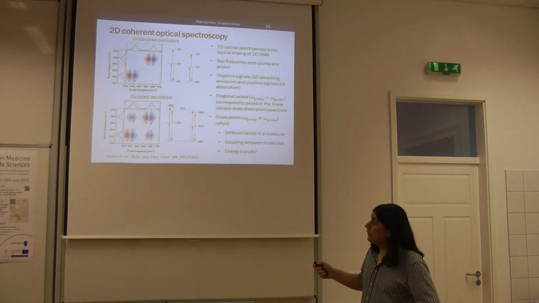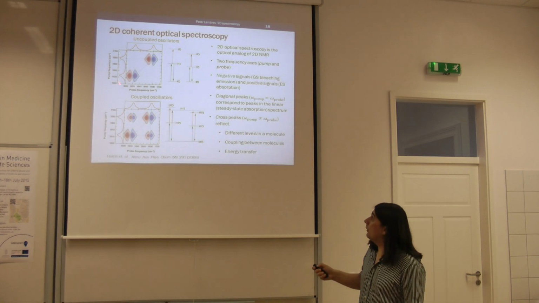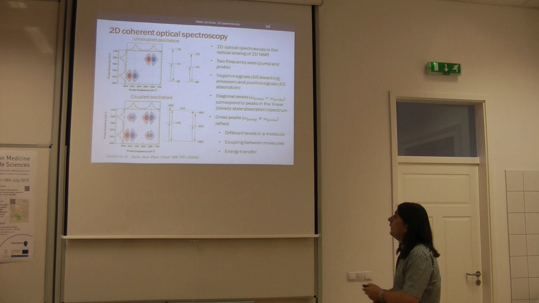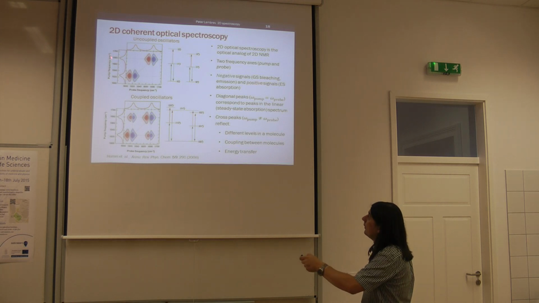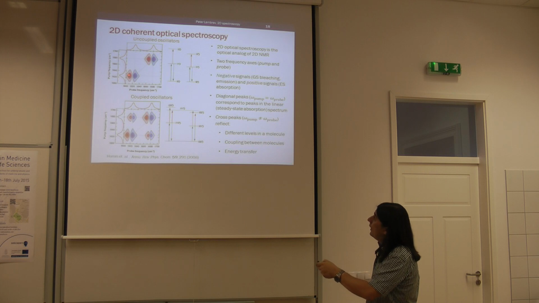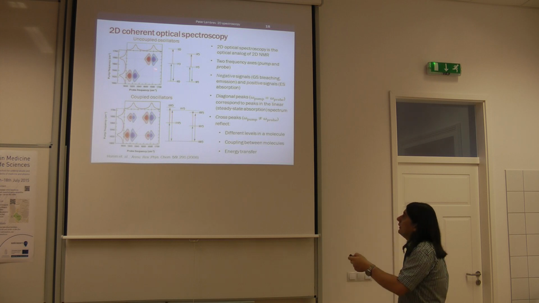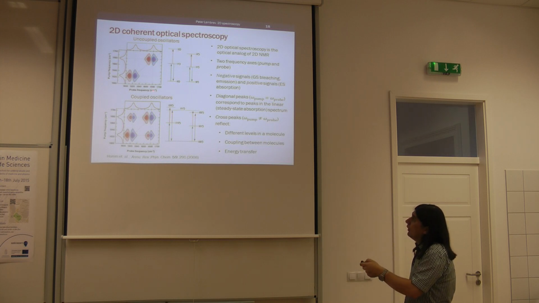One corresponds to the pump, and the other corresponds to the probe. So it's basically the same story, but you resolve also the pump and the probe separately. Now, if you have two uncoupled vibrators, you excite one oscillator, you will have a signal at its frequency, and then with the probe you will probe the same frequency, so nothing interesting happens.